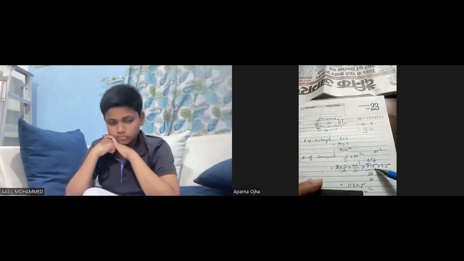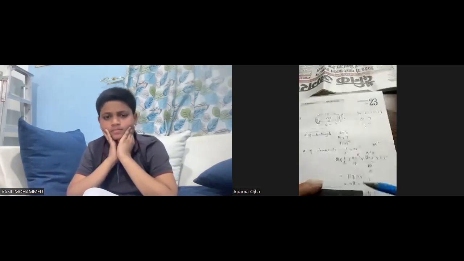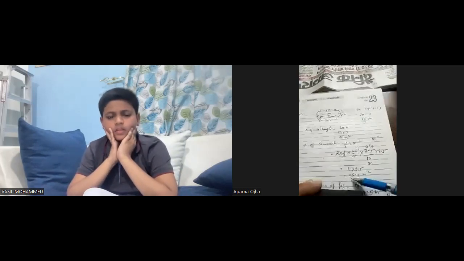Pi value, we know that this is 22 upon 7. Radius is how much? Whole diameter is how much? 7. Radius is how much? That is 3.5. 3.5 into 3.5 divided by 10, because I removed the decimal and here I have written the 10. So by the calculation, as we do it, what is the answer? This is coming 38.5.